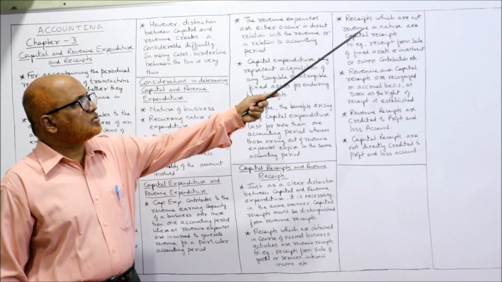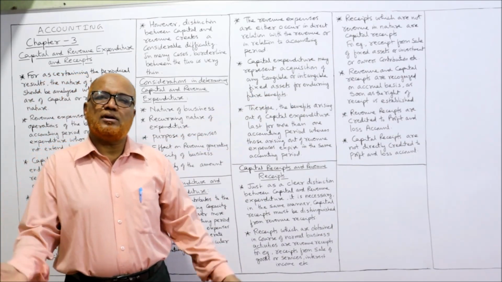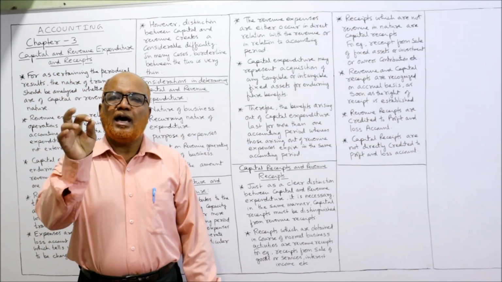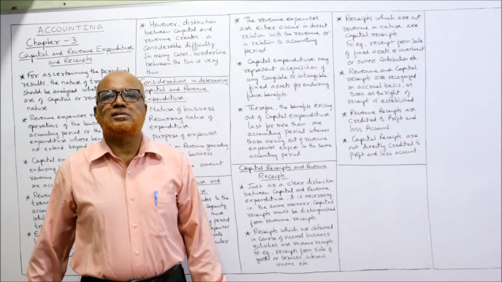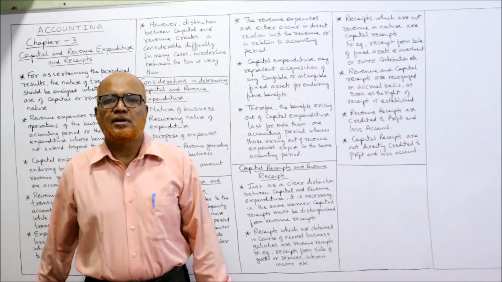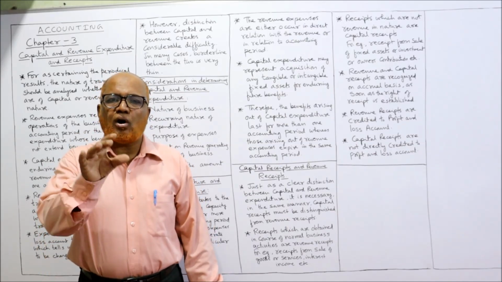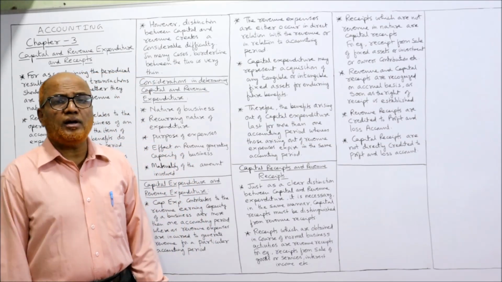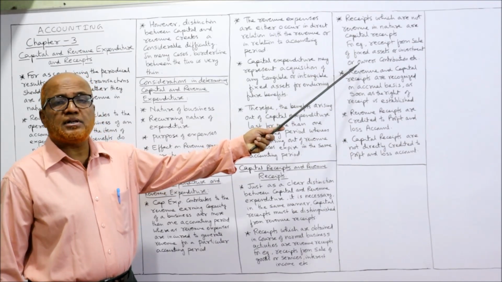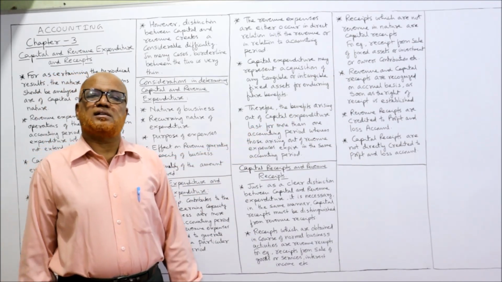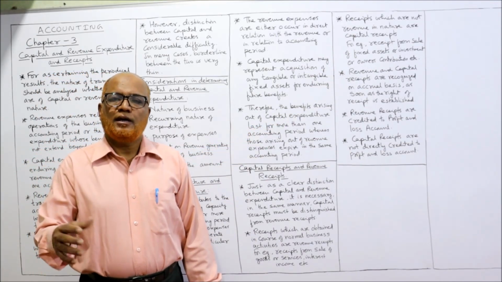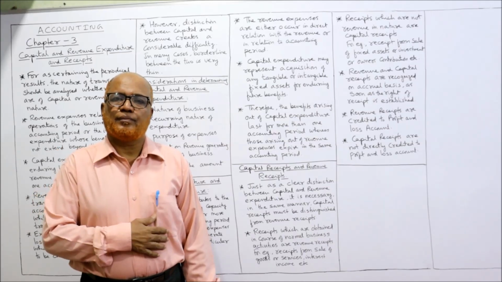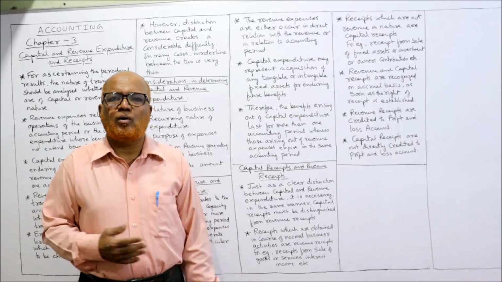Now, capital receipts: receipts which are not revenue in nature are capital receipts. Any receipt which is not a revenue receipt is a capital receipt. That means the receipts which are not in the normal course of activities are called capital receipts. Examples of capital receipts are sale of fixed assets. Sometimes a company will sell off a fixed asset which is no more required.